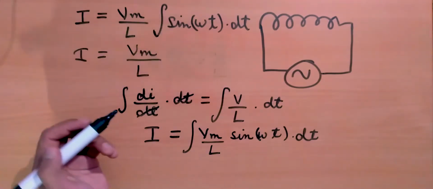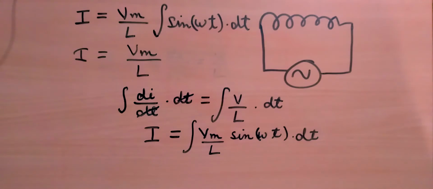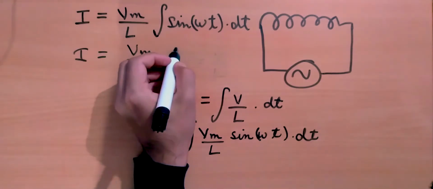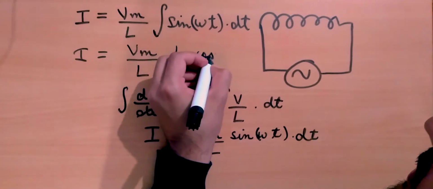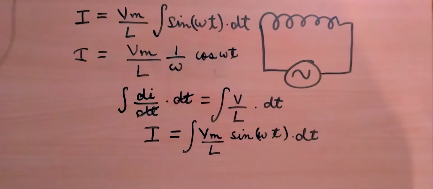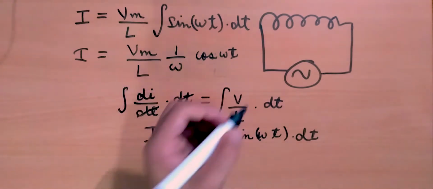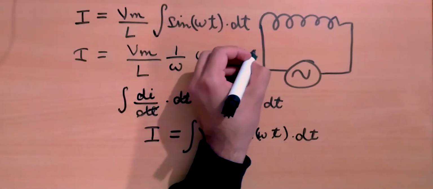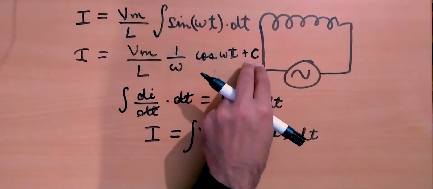I'll skip it and tell you that if I integrate this, what I get is 1 by omega and cos omega t, and obviously we also get a constant of integration plus c, but in this particular case the constant of integration would be 0.